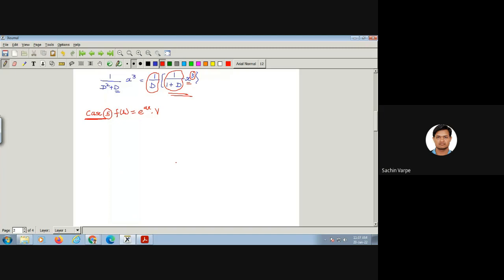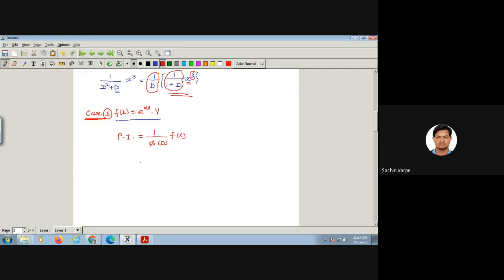So here the formula for the particular integral for this case is PI equals 1 upon phi of d, operated on f of x.